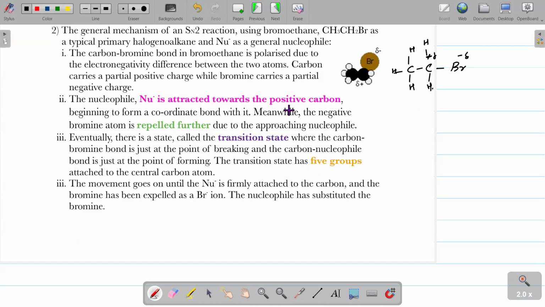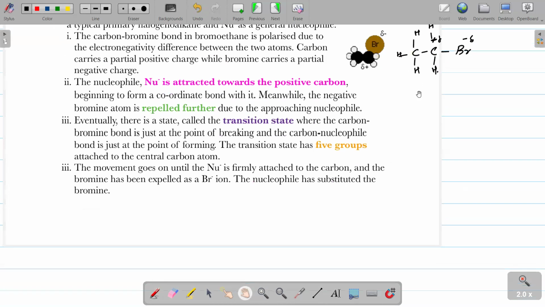A nucleophile that can be OH negative, that can be CN negative, will attack the partial positive, which is carbon. Nucleophile attacks towards the positive carbon, and I can also name this positive carbon as electrophilic center. Is it clear?